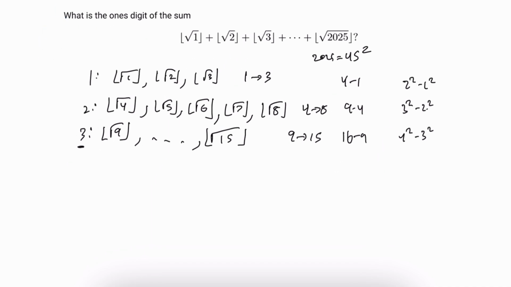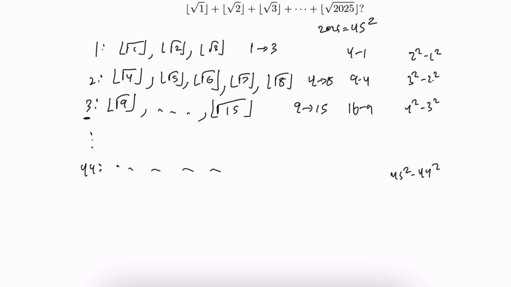We can continue this all the way to 44: 44 appears 45 squared minus 44 squared times, and then 45 will only appear one time, as the square root of 2025.